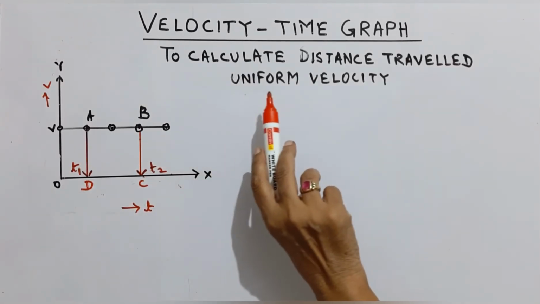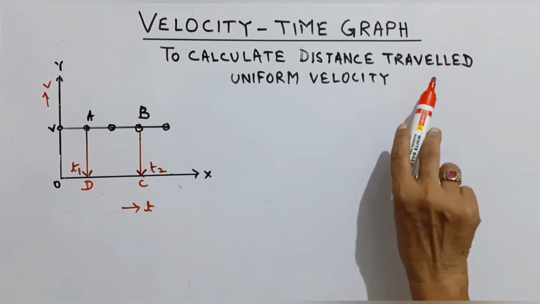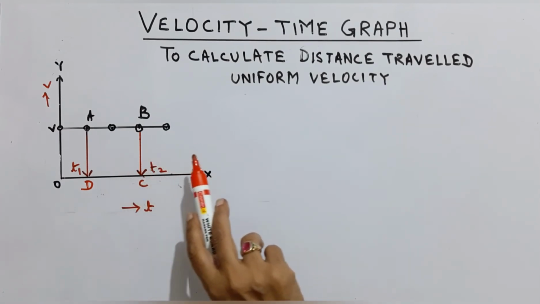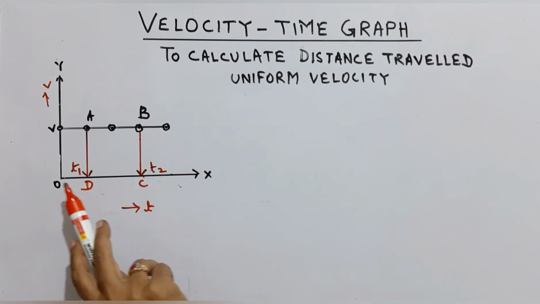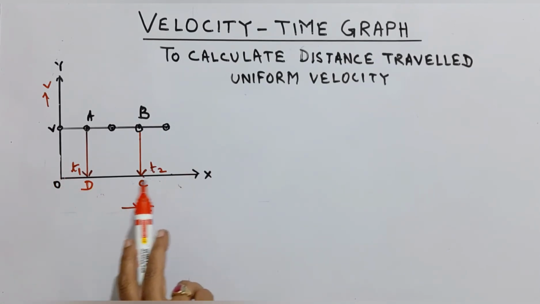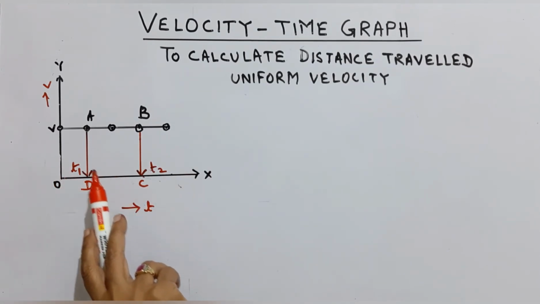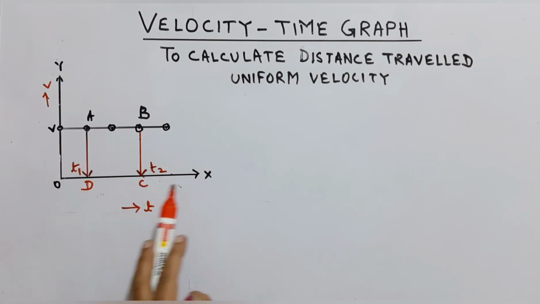Let us now calculate the distance travelled by an object moving with uniform velocity. Here we have the velocity time graph of such an object, which is a straight line parallel to the x-axis.